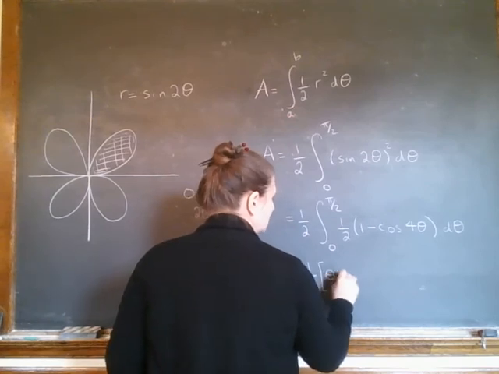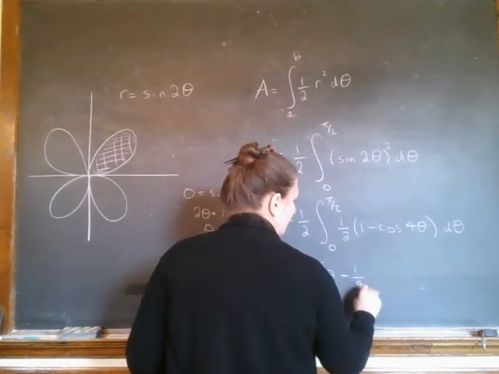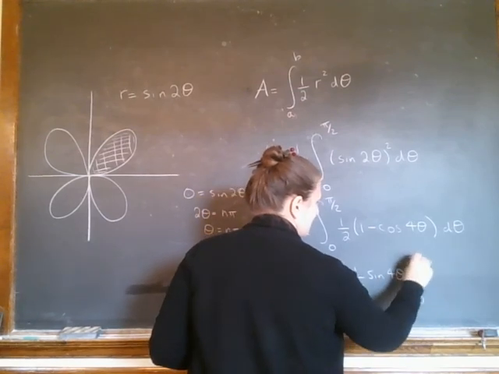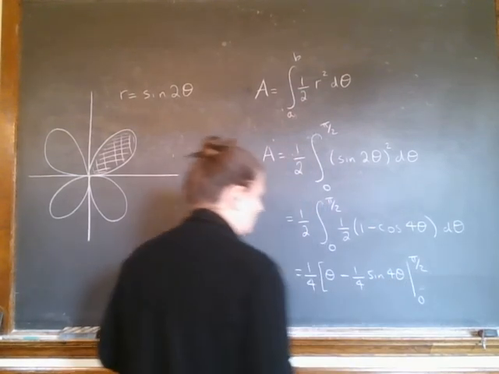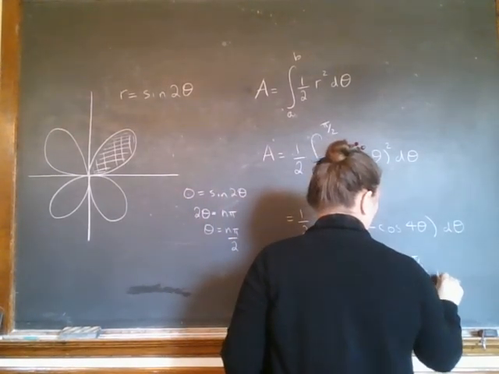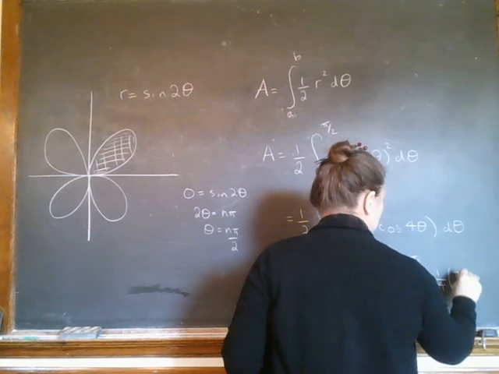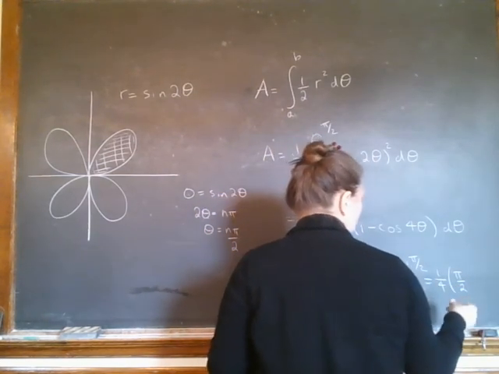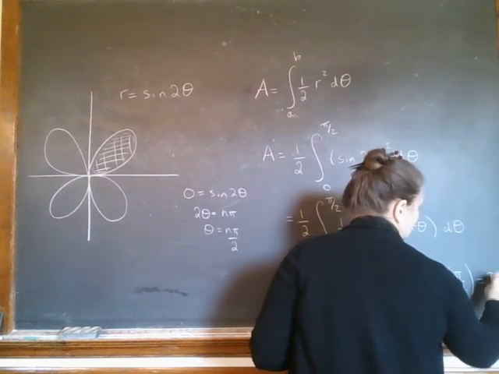Trigonometric integrals. So I end up, okay, with 1/4 times pi over 2 minus 0 minus 0 minus 0. And there I have my answer.